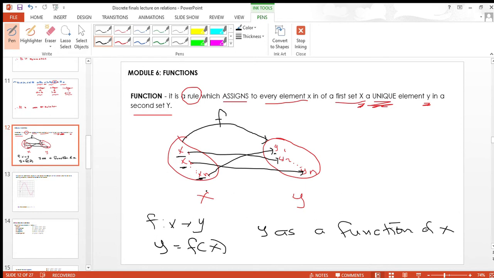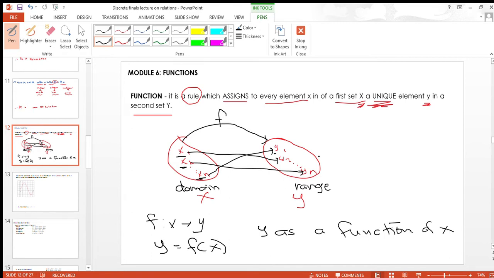When we look at all the possible values of the first set, we call this our domain. And all the permissible values of the second set, we call the codomain, also known as the range.